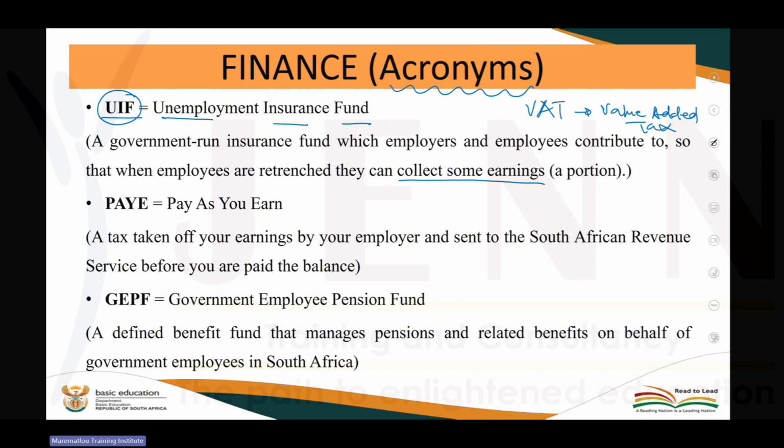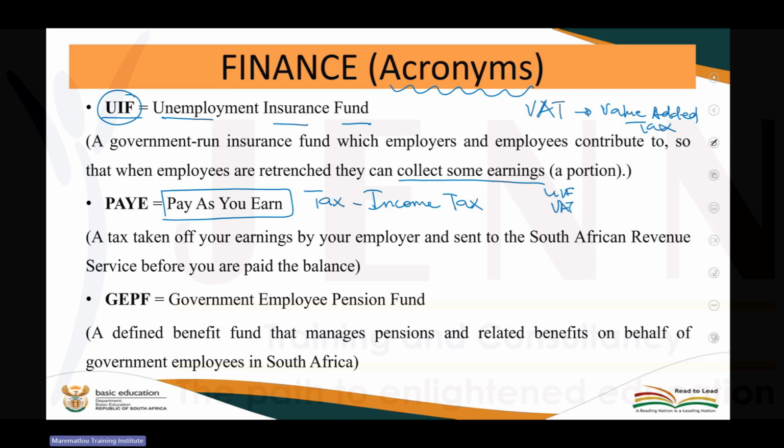We don't need a lot of terminology. Don't come with bombastic words. We just need a basic explanation. Pay as you earn. In grade 12, when you are dealing with income tax, remember grade 12 is income tax. Grade 11, we focus more only on UIF, and grade 10 is VAT.